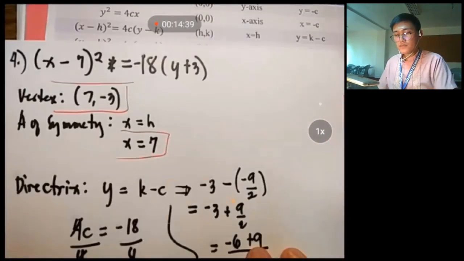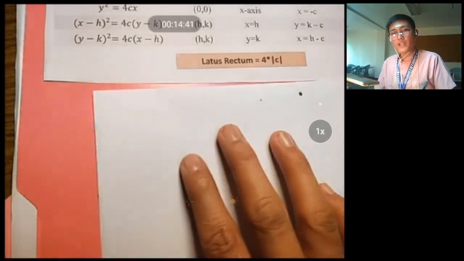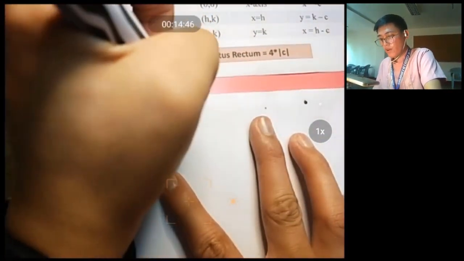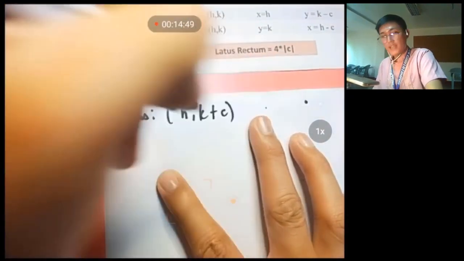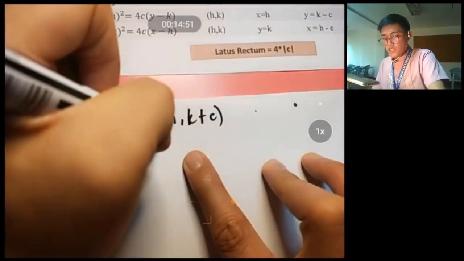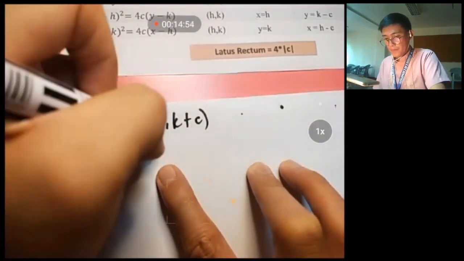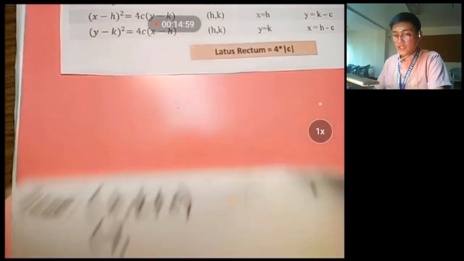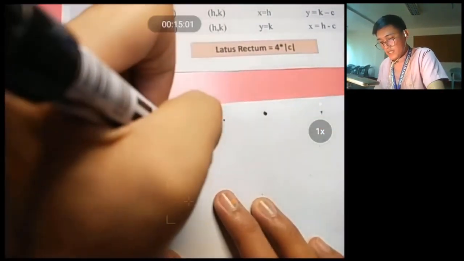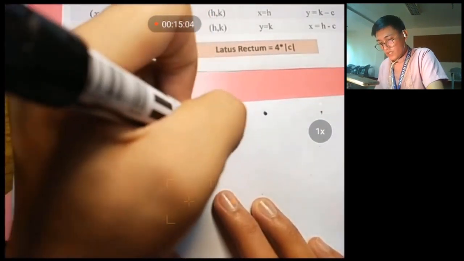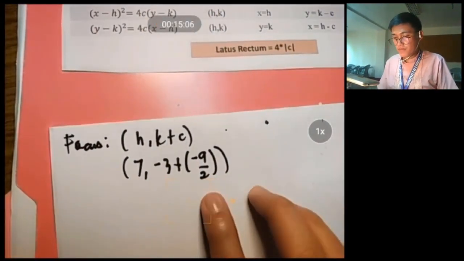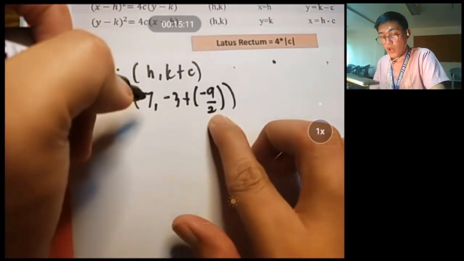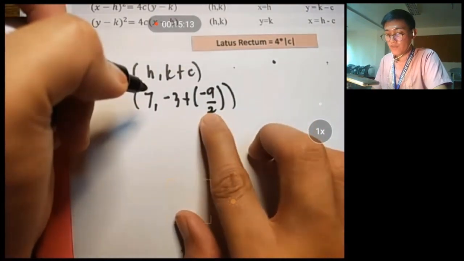Okay, for the focus, it's quite easy. For the focus, we have the formula H, K plus C. Our H here is 7 and our K here is, what is our K again? Negative 3 plus negative 9 over 2. This is our letter C. From this time, we will be performing addition with negative 3 and negative 9 over 2.